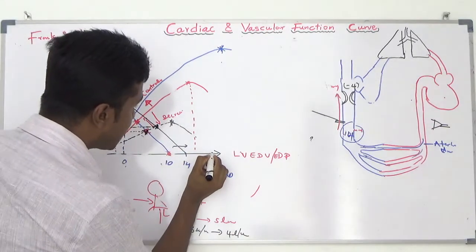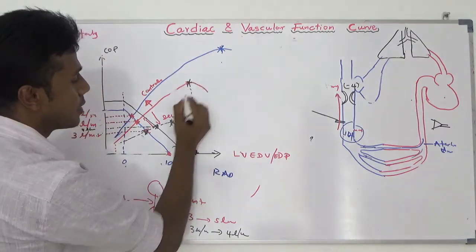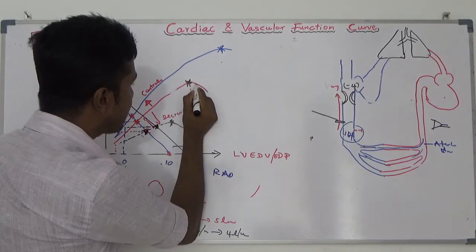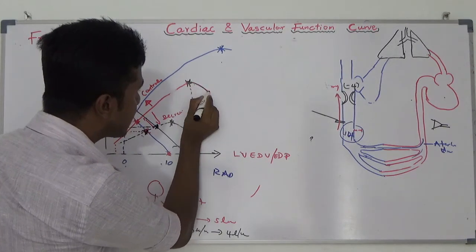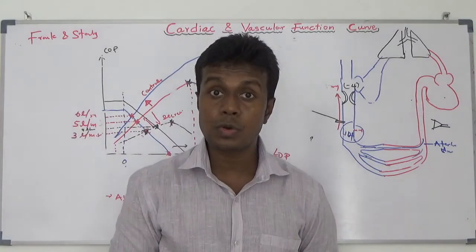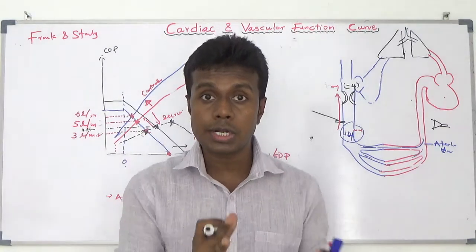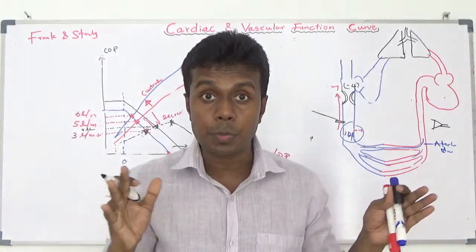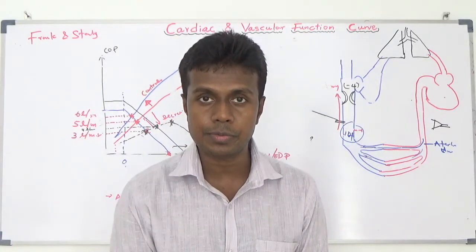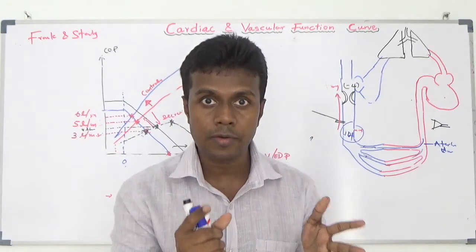If I give too much IV fluid, like here, my patient shifts from here to here in their cardiac function curve. Because of that, they can't eject blood properly because the heart is too dilated and does not contract properly. Because of that, it is not going to produce enough cardiac output. So the heart becomes failed. We are going to call it a failed heart.